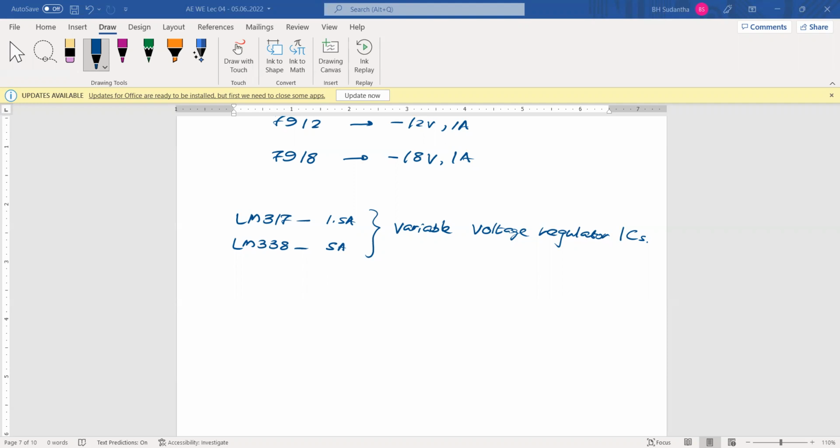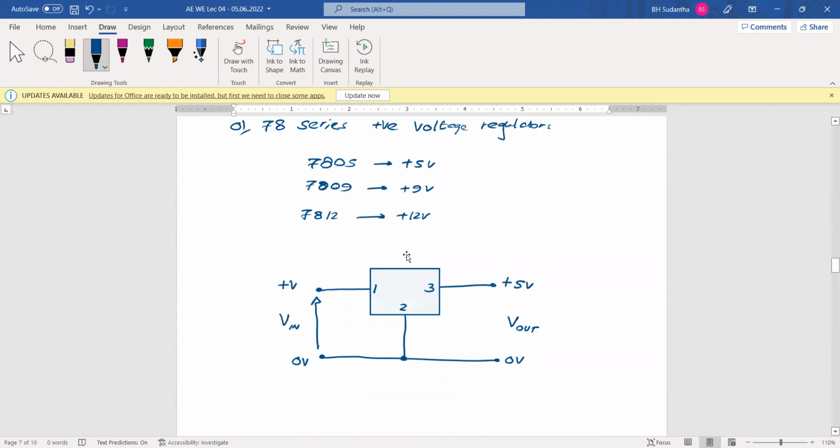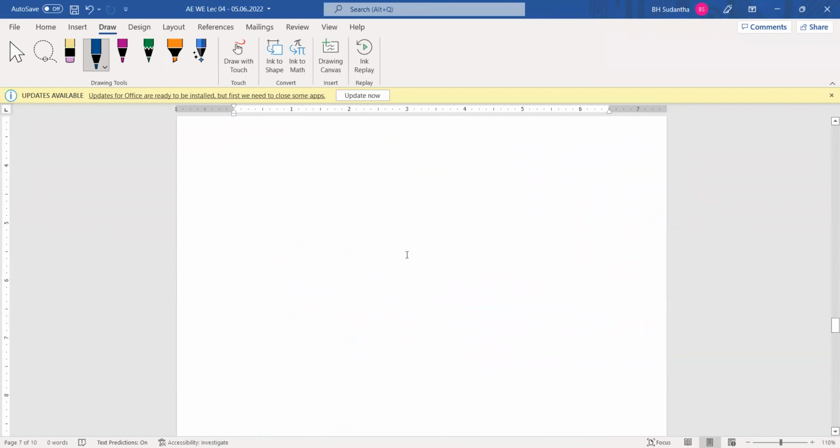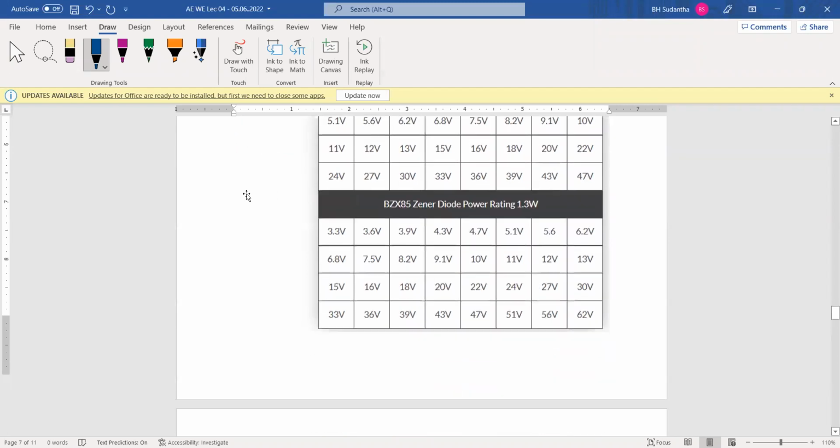And if you are really interested, I will give some standard Zener voltages also to you. This one. You can refer to those later on if you are really interested. Otherwise, these things are not very important. This is for your information, additional information.